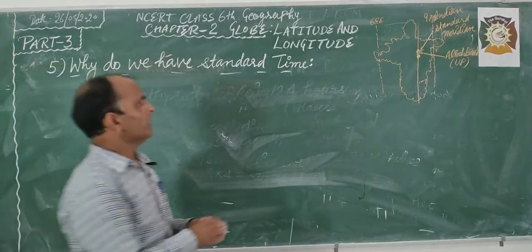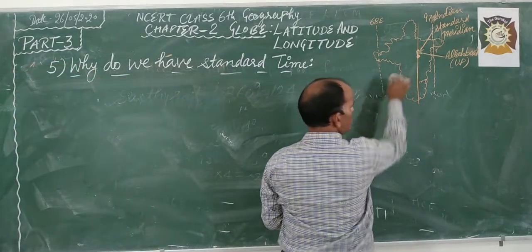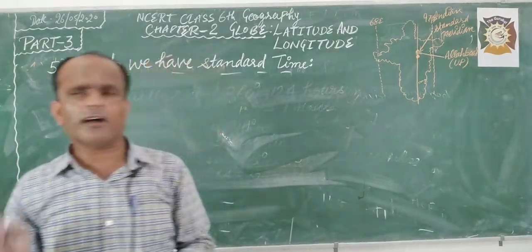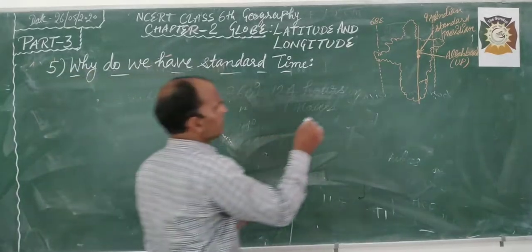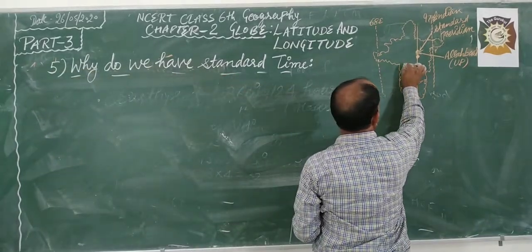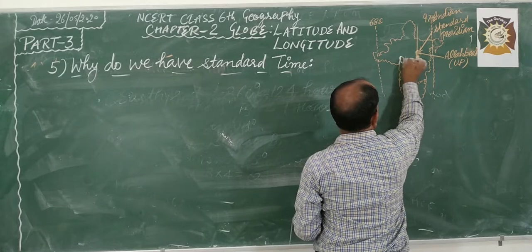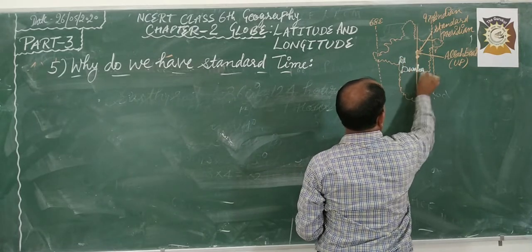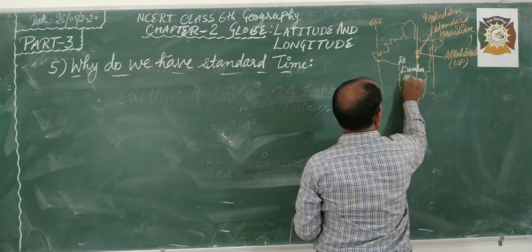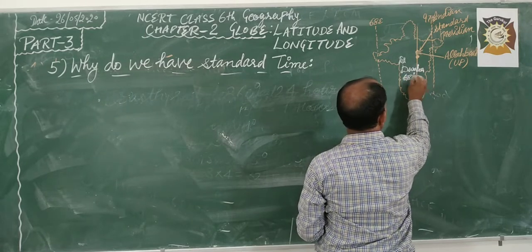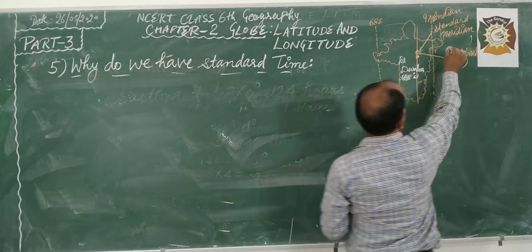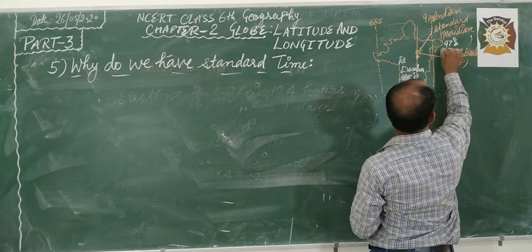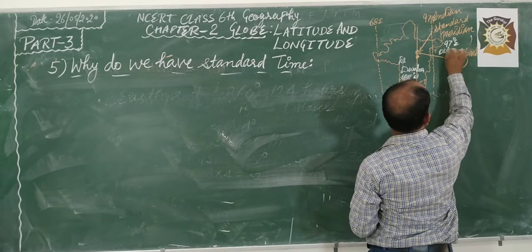So Dwarka in Gujarat and Dibrugarh in Assam. Dwarka is located at about 68 degree east, and in Assam, that is Dibrugarh, it is 97 degree east.